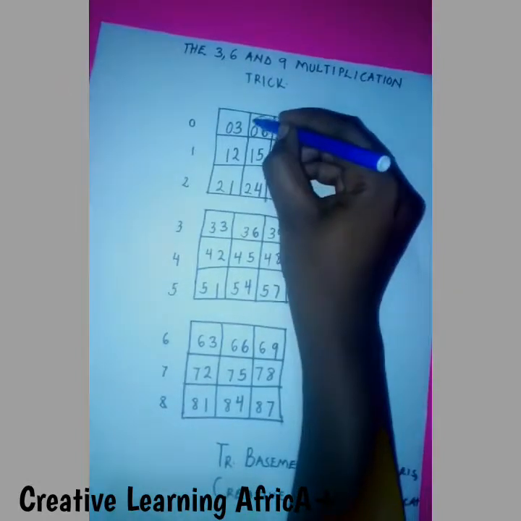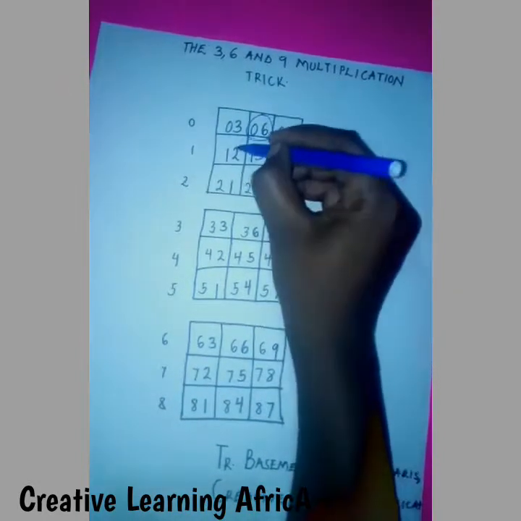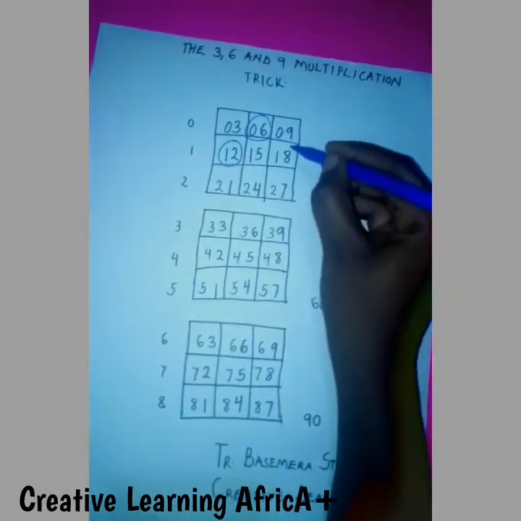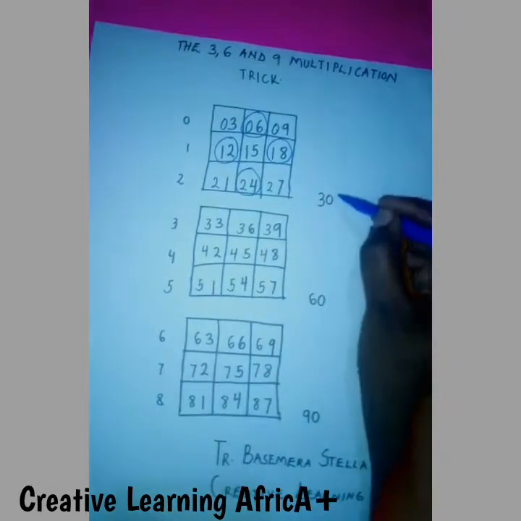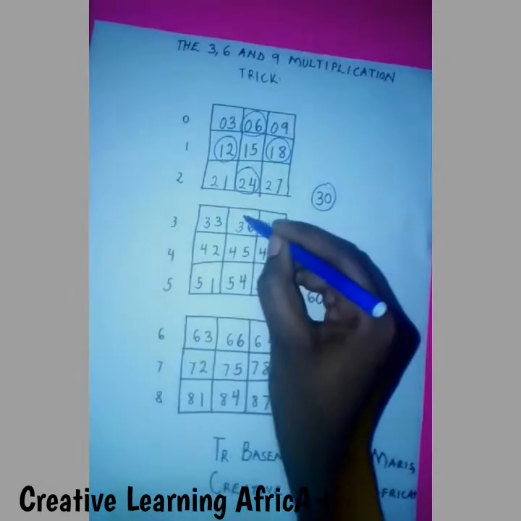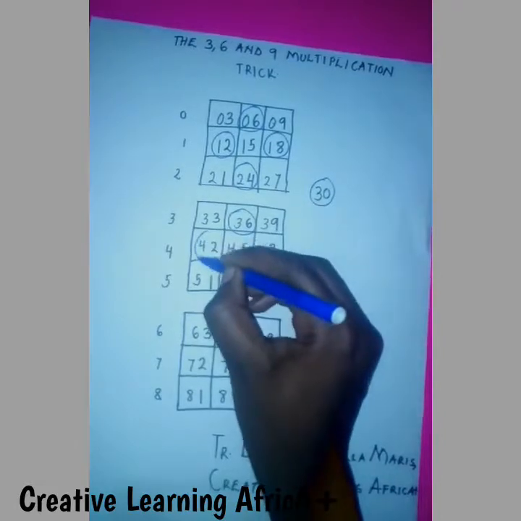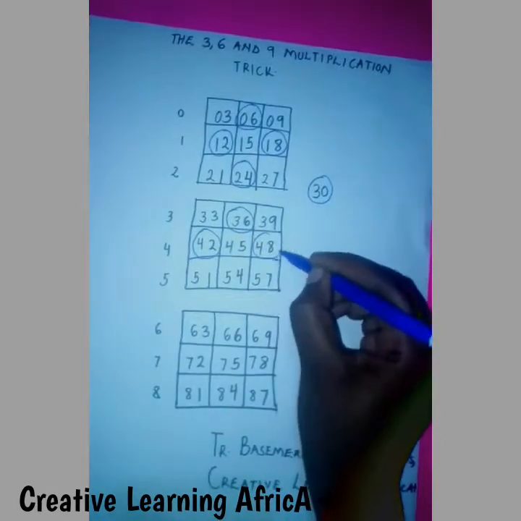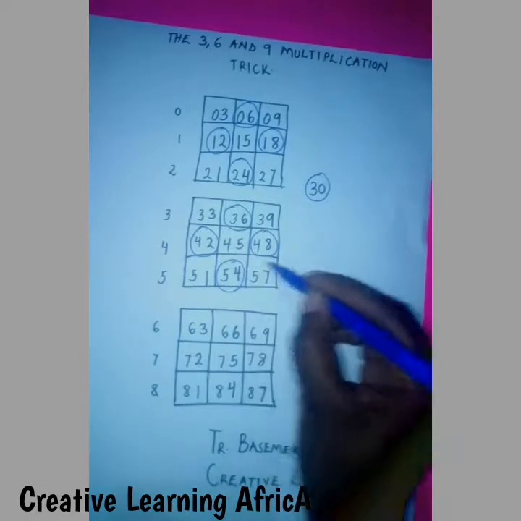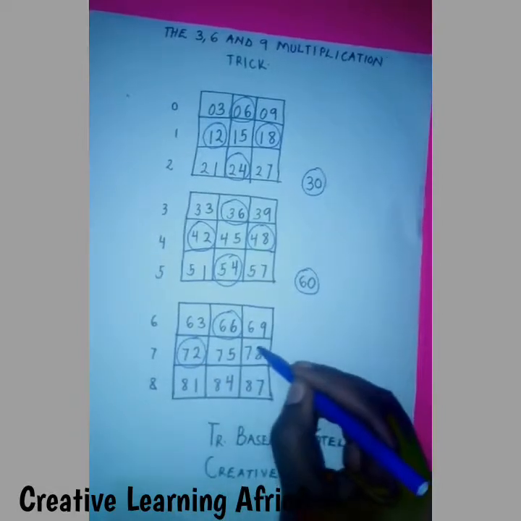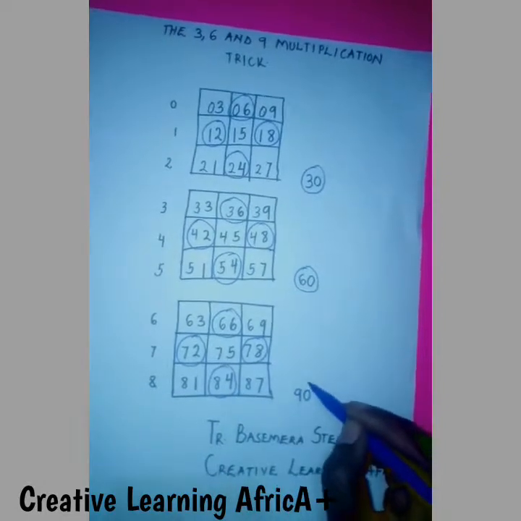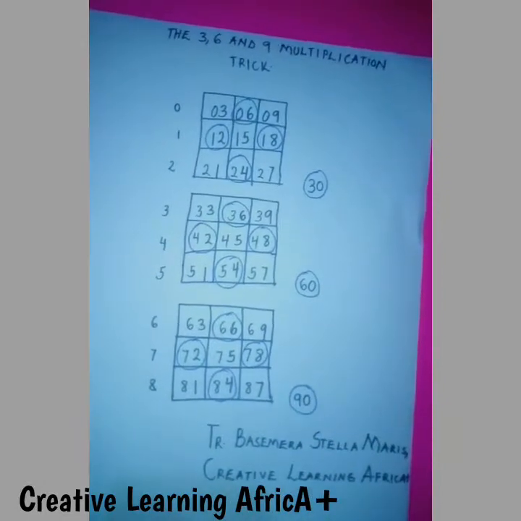Now, if you look at this, this is 1 times 6, 2 times 6, 3 times 6, 4 times 6, 5 times 6, 6 times 6, 7 times 6, 8 times 6, 9 times 6, 10 times 6, 11 times 6, 12 times 6, 13 times 6, 14 times 6, and lastly 15 times 6.